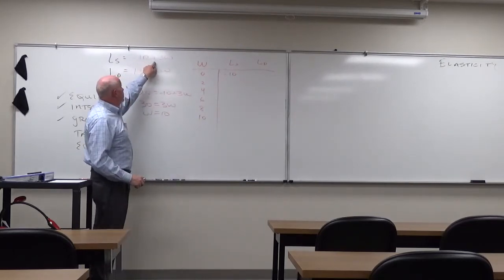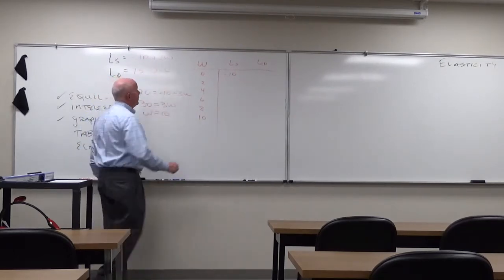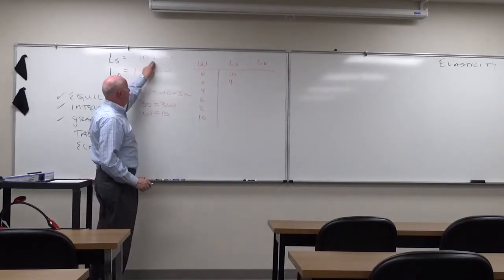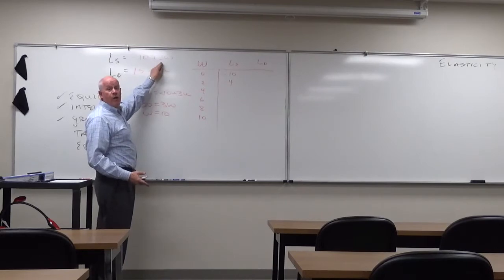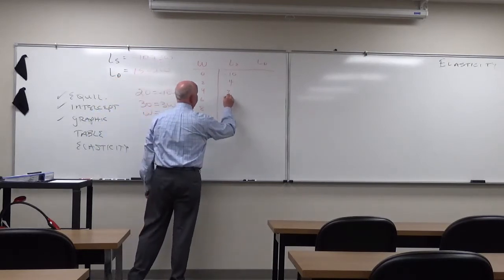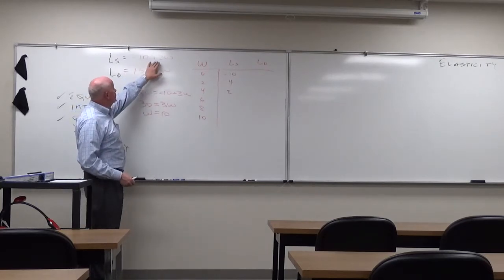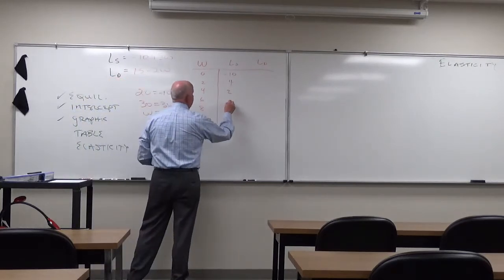Negative 10 plus 3 times 2 is going to be negative 4. Negative 10 plus 3 times 4, 3 times 4 is 12, so now we are at positive territory finally, right? Negative 10 plus 3 times 6, so 18, so I think we're at 8.